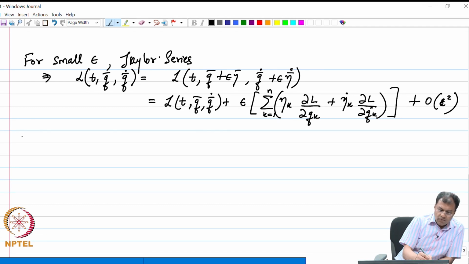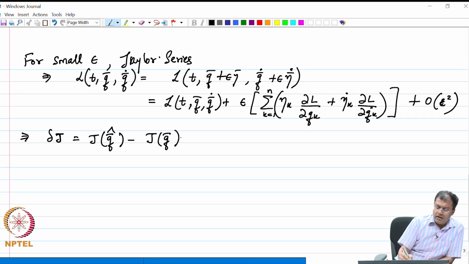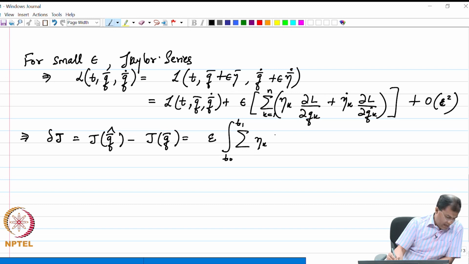Okay. So, which means that the variation delta j is given by j of q bar hat minus j of q bar, and we just replace the respective integrals and, taking the necessary cancellations, we are going to be left with the following integral, which is the leading order term, integral from T0 to T1 summation eta k del L del q k plus eta k dot del L del q k dot, k from 1 to n, right.